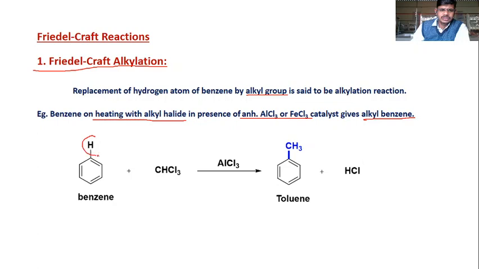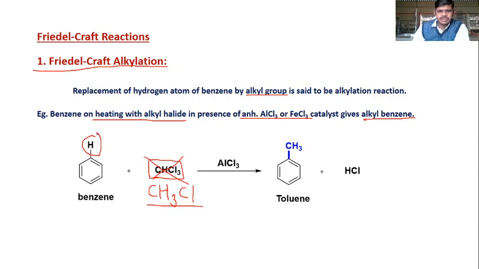This hydrogen is going to get replaced by the... no, this is the wrong structure that I have given. It should be CH3Cl rather than CHCl3. CHCl3 is chloroform, but what we are going to use here is an alkyl halide, which is methyl chloride. So this is wrong. What happens?